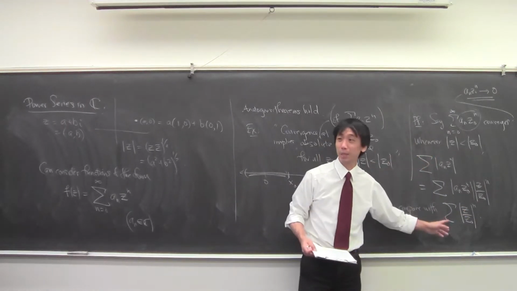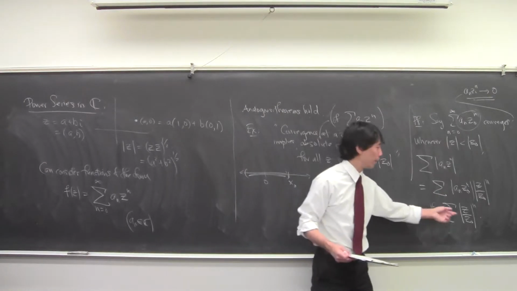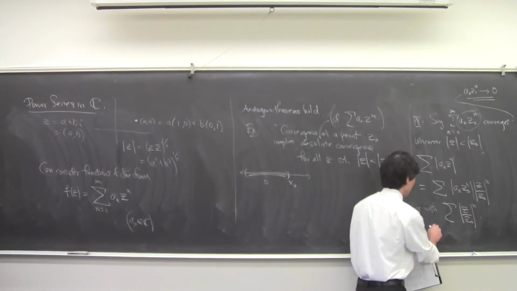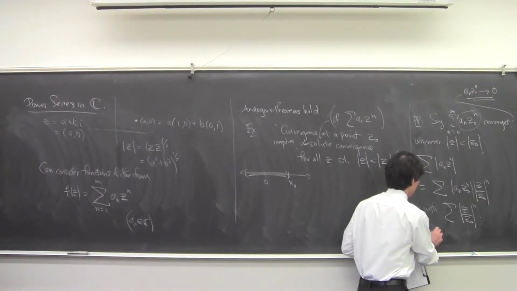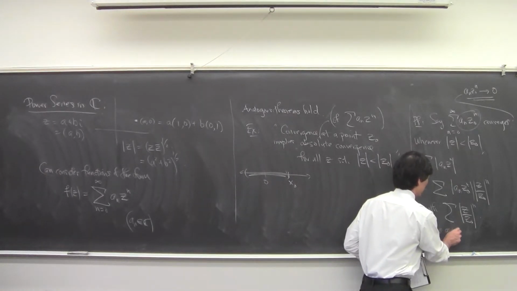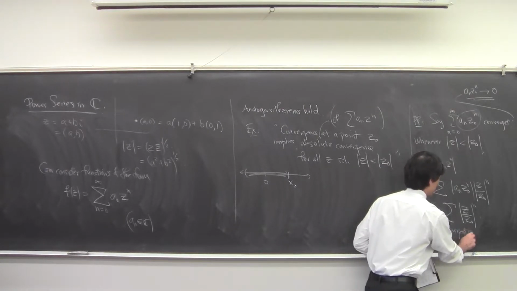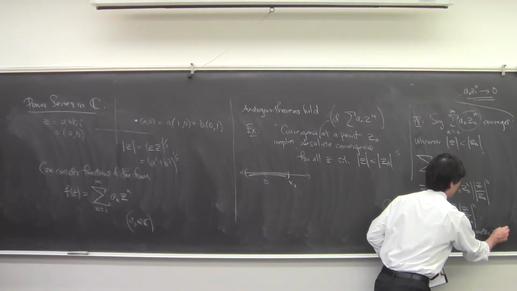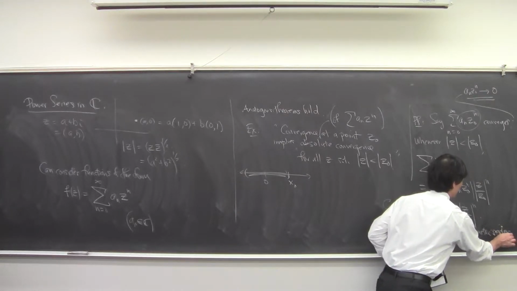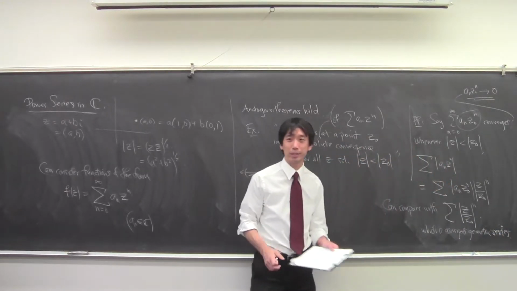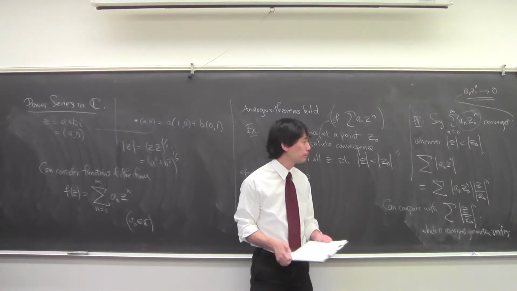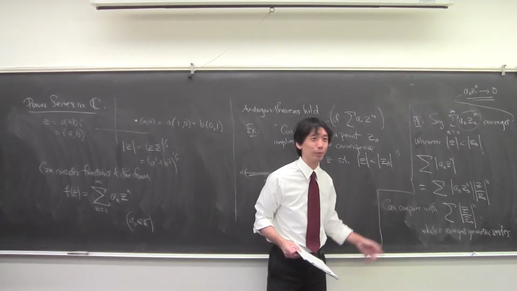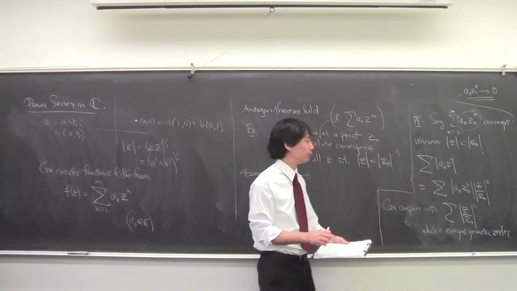But that's a geometric series where the ratio is smaller than 1, which is a convergent geometric series. In any case, the point is that exactly the same proof works.